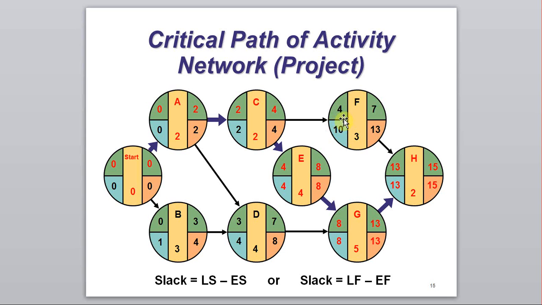Assuming Adrian is taking care of this activity and he applies for 2 weeks of wedding leave, as a manager you may approve his leave because there is a 6 week gap between the early start time and the latest start time.